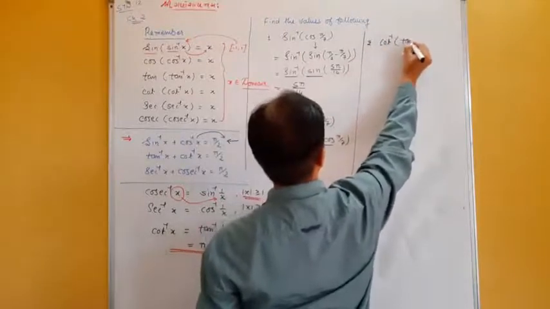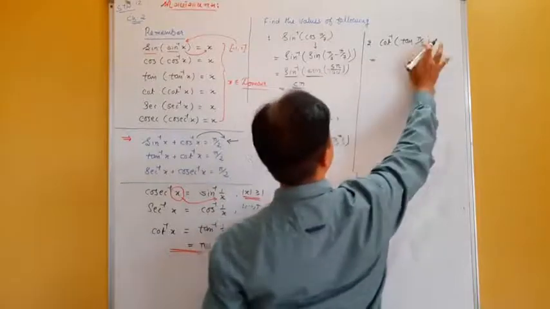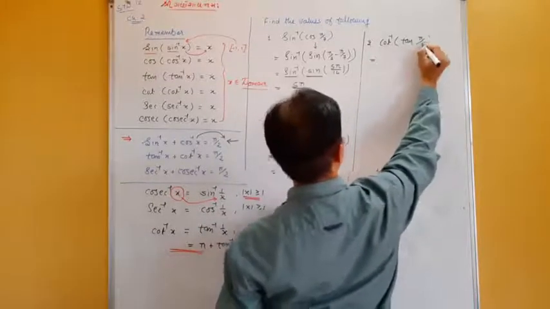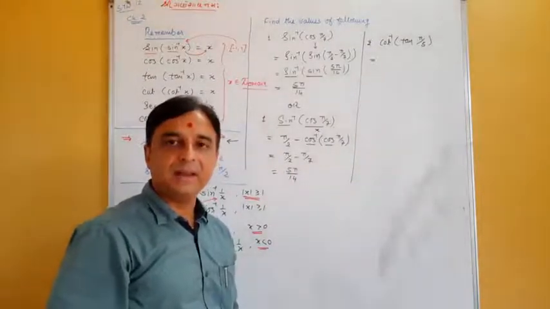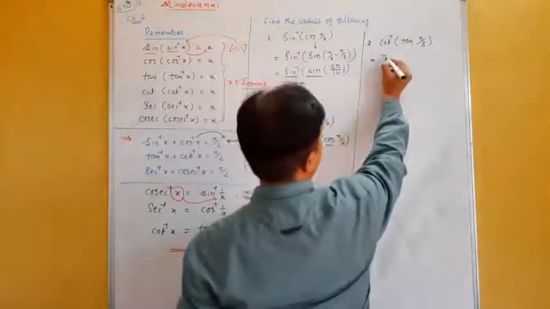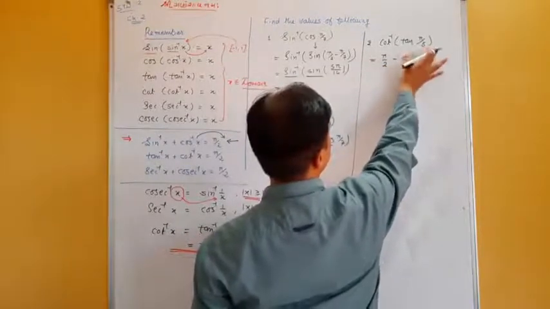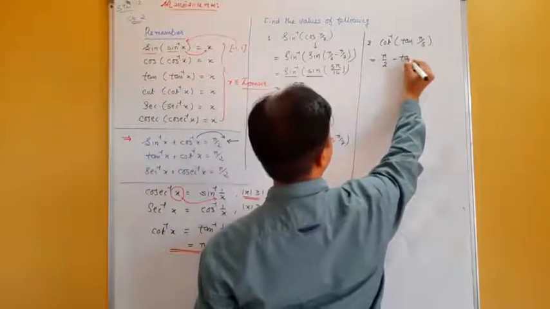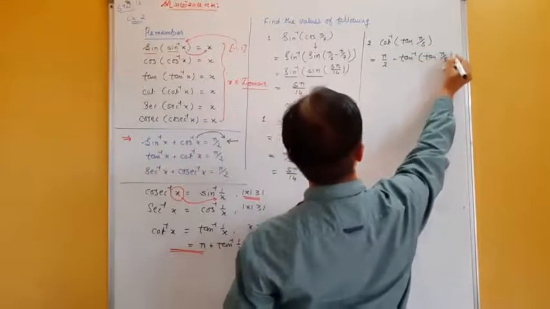Another example. Cot inverse tan pi by 5. So it's pi by 2 minus tan inverse tan pi by 5.